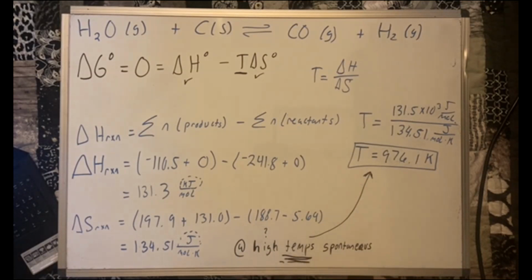Little side note, if you're curious. Anything below that is not spontaneous. Is it spontaneous at the temp or only above that? At the temp, it's at equilibrium, so delta G is 0.